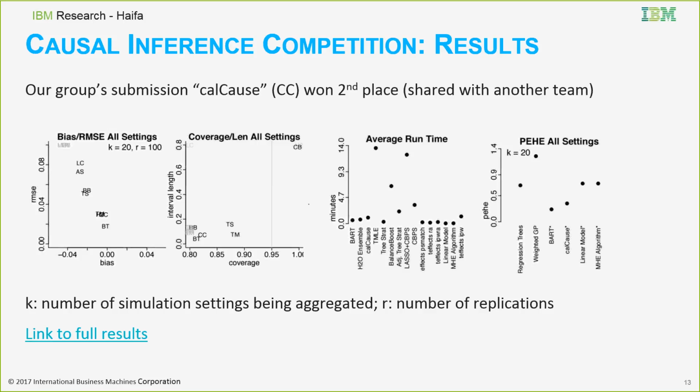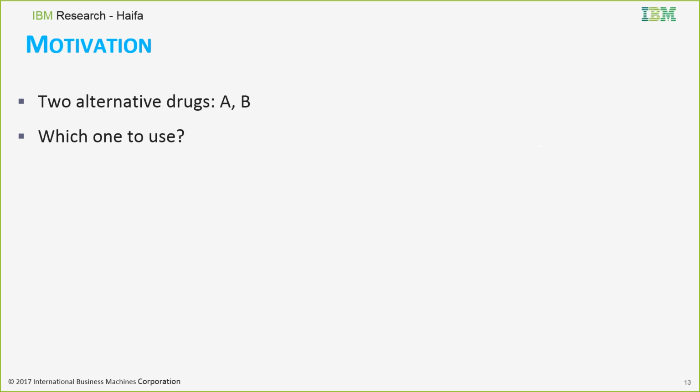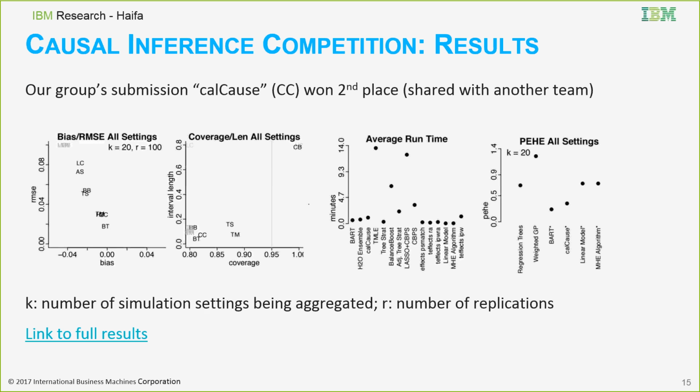That's when it comes to the bias and RMC. We also started to estimate the confidence interval, and then the coverage, that is in how many cases the correct answer was within the confidence interval, and also the interval length. And again, we are here. You see number 3, I guess.